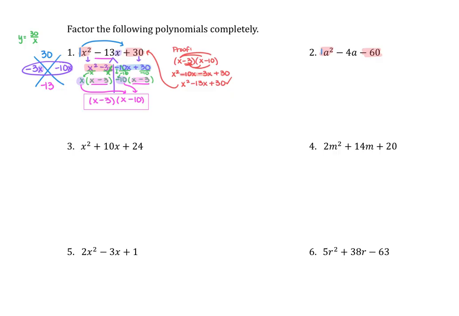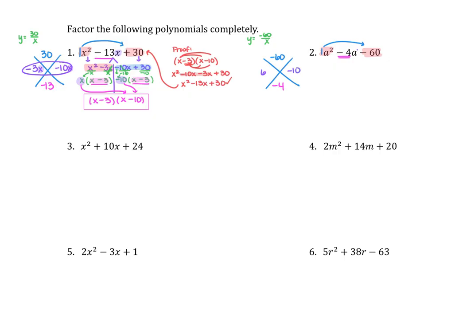I'm going to go to my x step. So 1 times negative 60, I'm going to make my x, place negative 60 in the top, adds to give me that negative 4 b value. Again, I go to my y equals screen, I type in my negative 60 divided by x. I'm going to find that those two factors are positive 6 and negative 10.